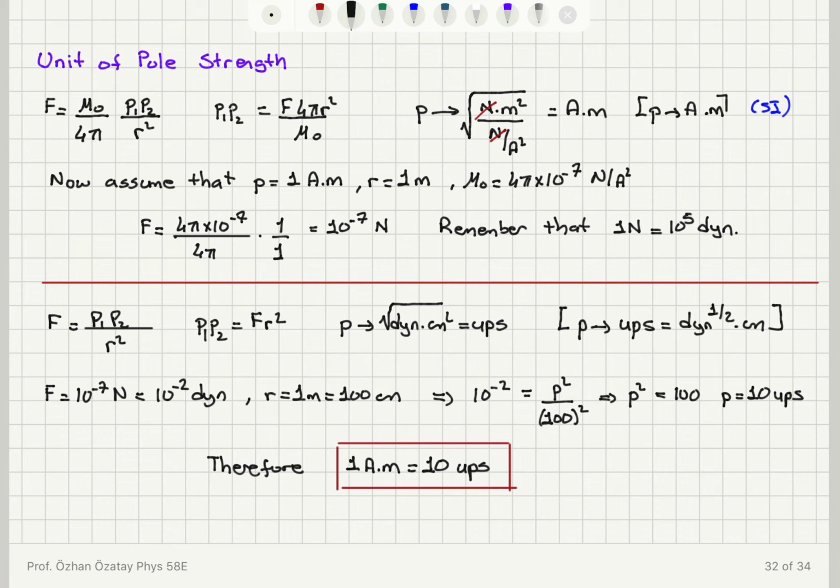The force between two poles in CGS is P1 P2 over R squared, so the pole strength is measured in unit pole strengths, which is square root of dyne times centimeter. 10 to minus 2 dynes of force is pole strength squared divided by 100 centimeters squared. That gives us a pole strength of 10 UPS, and that means my pole strength of 1 ampere meter is equivalent to 10 unit pole strengths in the CGS EMU picture.